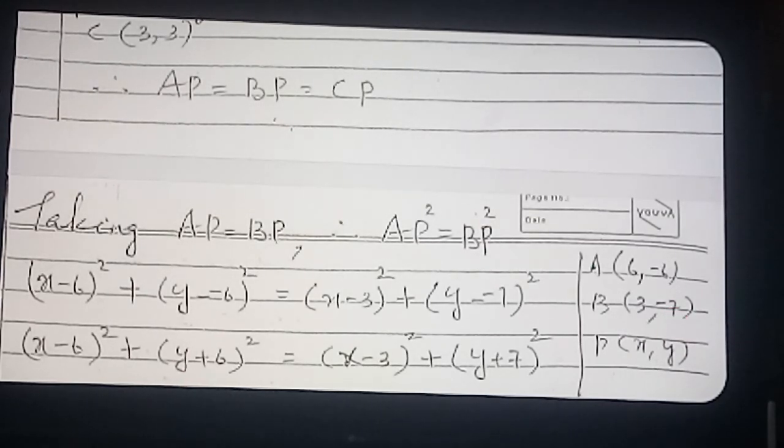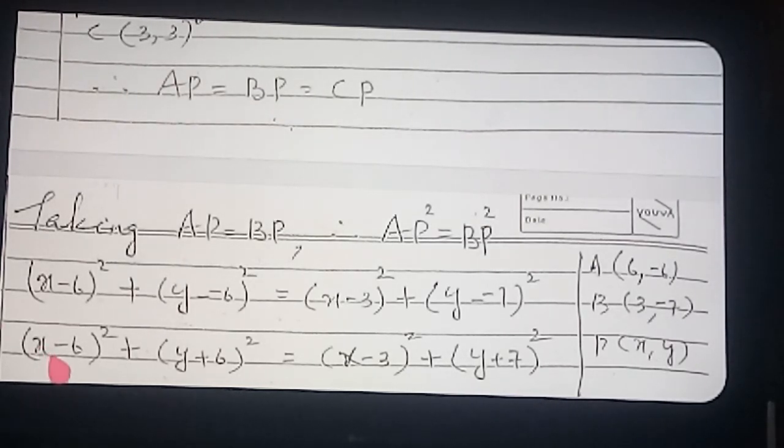That is how I have written it in order. Here 2 minus signs are coming, so (x plus 6), (y plus 6) the whole square is equal to (x minus 3) the whole square. Here also the same procedure, 2 minus signs coming, so I have written (y plus 7) the whole square.